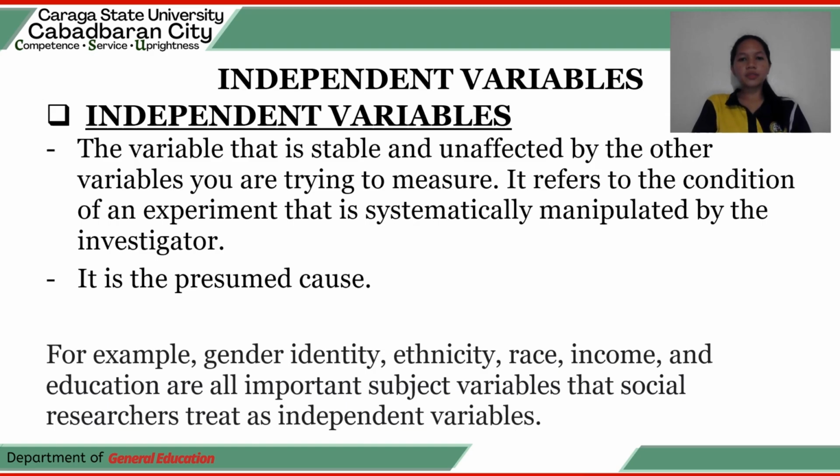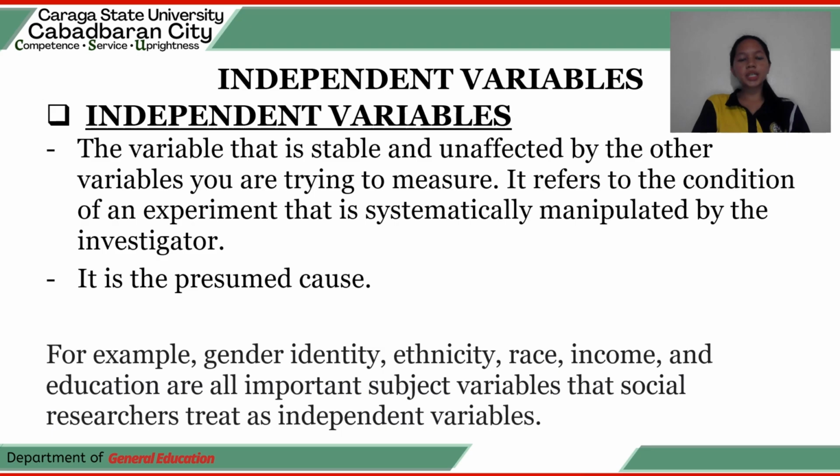So, independent variables. The variable that is stable and unaffected by the other variables you are trying to measure. It refers to the condition of an experiment that is systematically manipulated by the investigator.